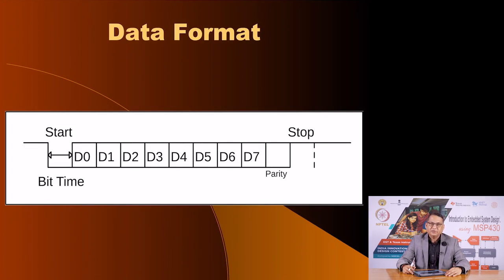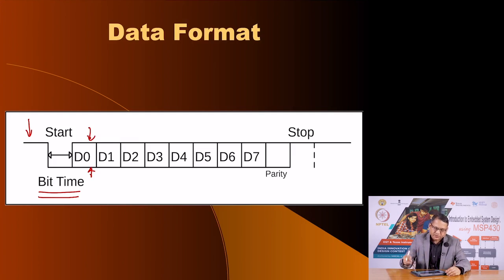Now, when you transmit the data, as I mentioned, at the beginning of the transmission, the logic on your output pin is logic 1, and when the device is ready to transmit, it will take the TXD pin low for a certain amount of time equal to bit time, and then depending upon the value of the actual data bit, bit 0, that bit can go high or it can remain low depending upon the value of D0, and so on and so forth.